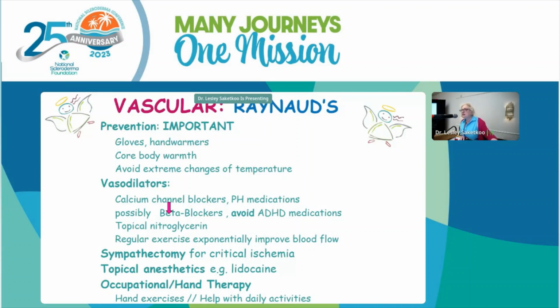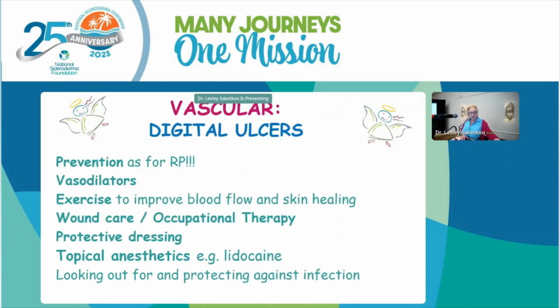Exercise induces vascular repair because this is a disease of vascular injury. You can't say enough about getting in early, learning how to manage yourself by connecting with an occupational therapist and a physical therapist, because exercise is directly related to your vascular health and body warmth.